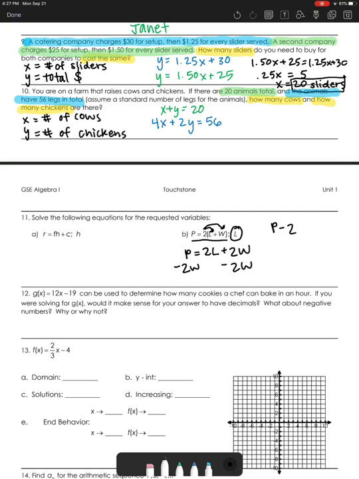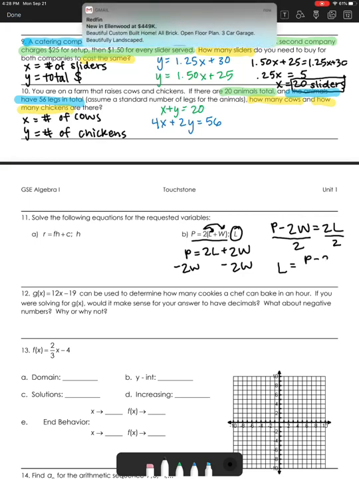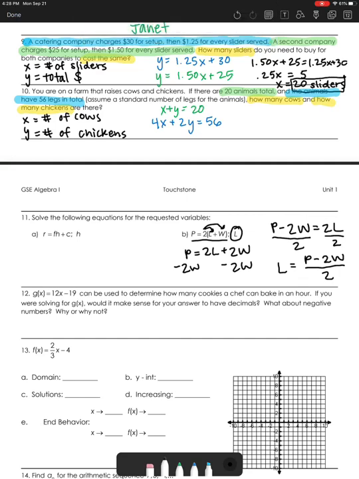And then we have P minus 2W equals 2L. And then we need to divide everything by 2. Okay, and then we have L equals P minus 2W all over 2. And that's it. Nothing crazy. That is your answer.